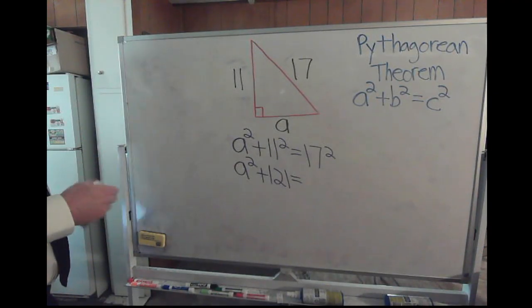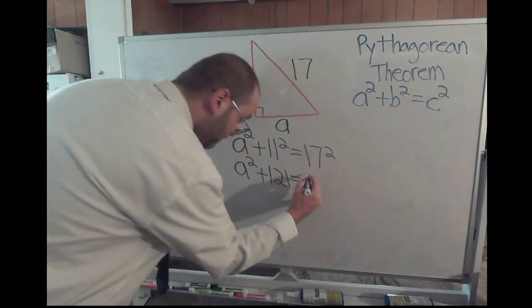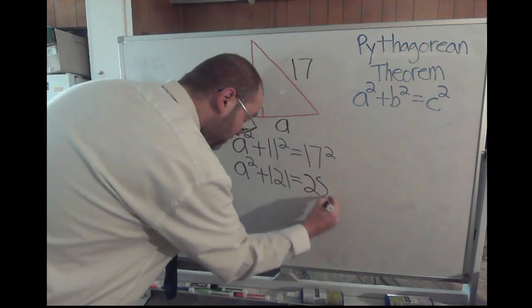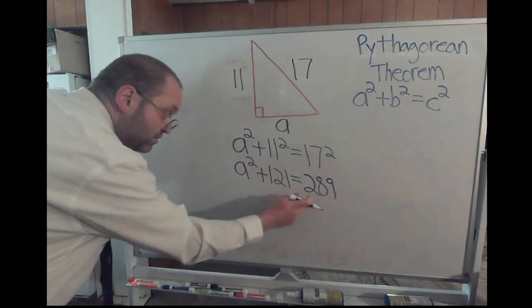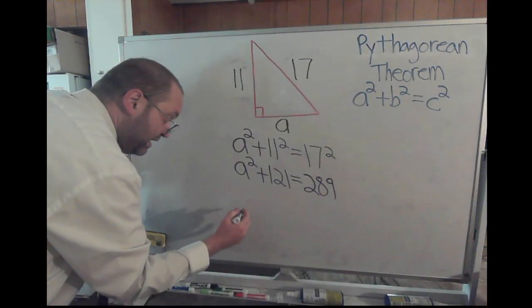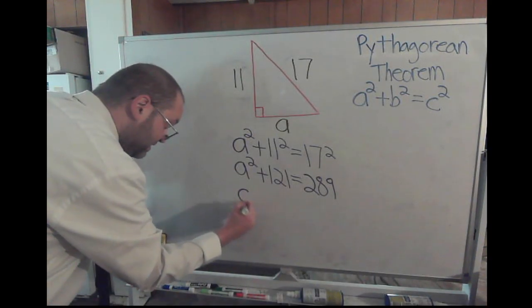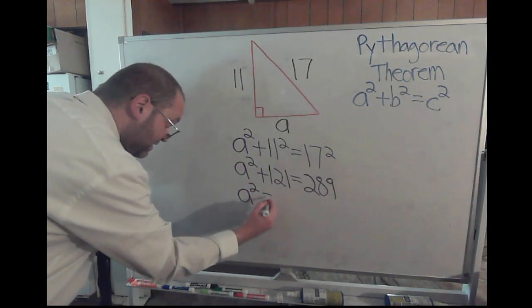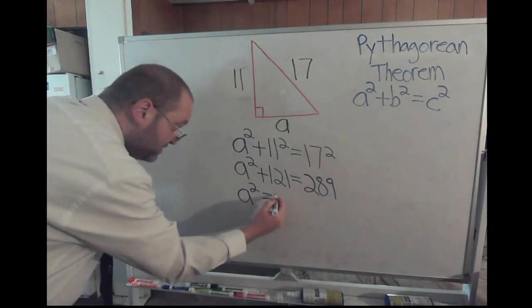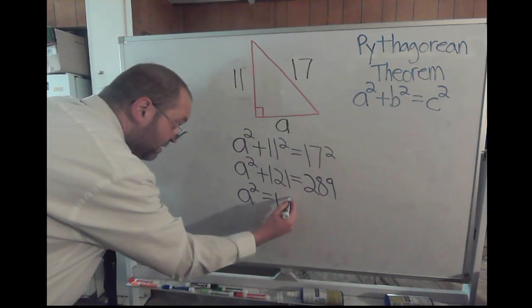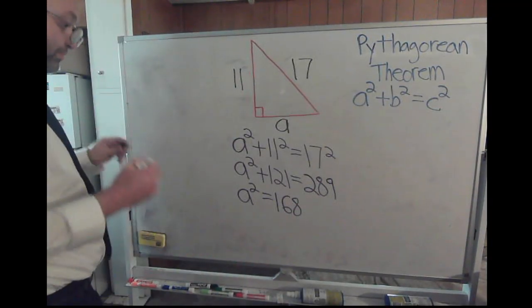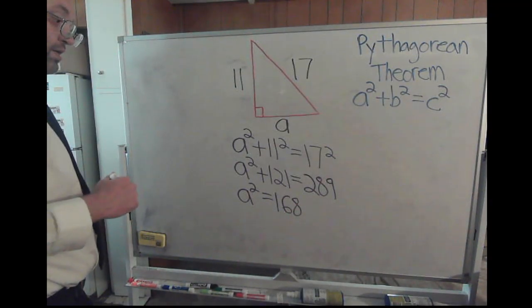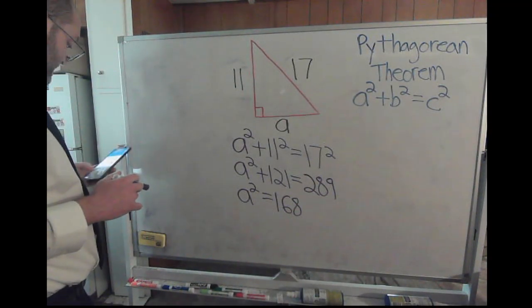I was right, 289. So we have A squared plus 121 equals 289, which means now we want to get A squared by itself, subtract 121 from both sides, you'll end up getting 168. So A squared is equal to 168.